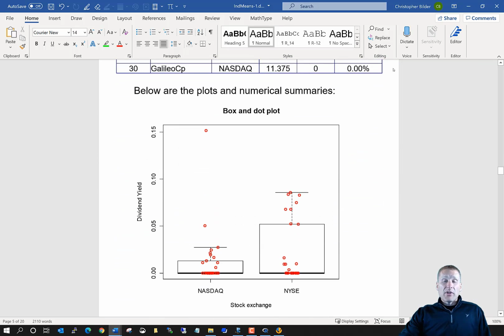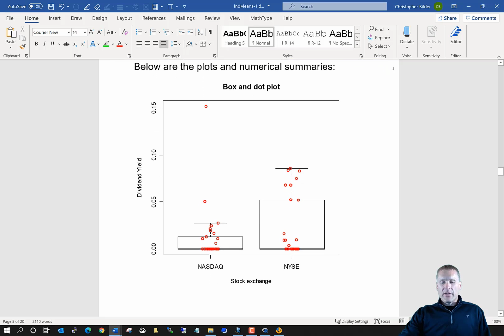Here are some plots and numerical summaries of the data. What we can see here is that we got kind of a weird looking shape of our sample in terms of the sample's distribution itself of these dividend yields. Notice how we have a lot of zeros down there.